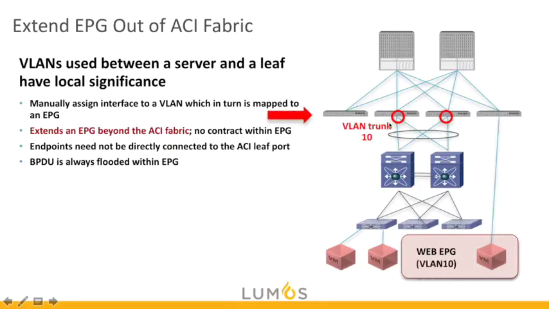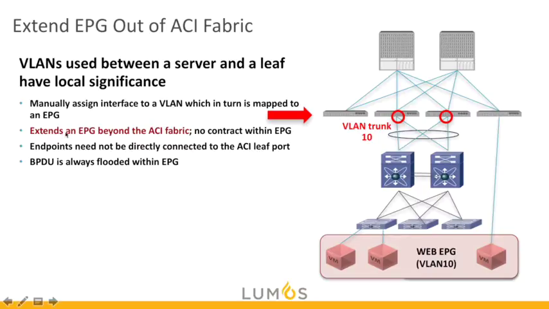In this case, we've created VLAN 10. We're going to trunk it to these ports here. On these switches, on their VLAN database, or whatever the equivalent is for that platform, we're going to trunk VLAN 10 up to these links, and then down to these VMs here, and that will extend VLAN 10 out to these switches and add it to that EPG.